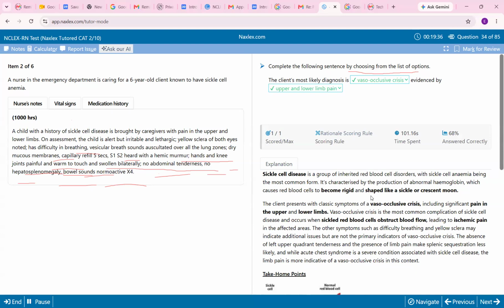When there is inadequate perfusion, it can lead to hypoxia. So the pain in the upper and lower limbs indicates hypoxia, because the sickled RBC is obstructing the blood flow. That is the correct analysis. I think you got clarity.